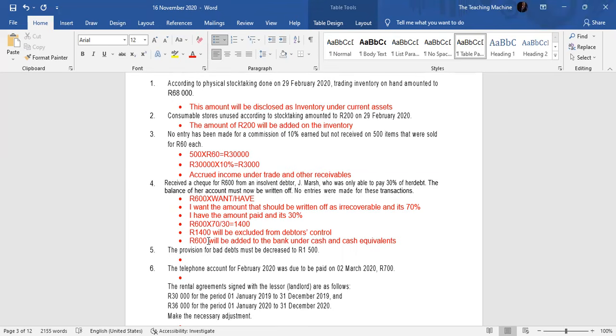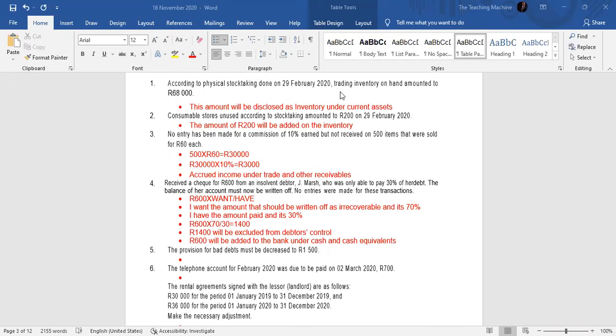But now this 1.4 will be excluded because the business will not be able to collect from this debtor who became insolvent. I hope you are answered.